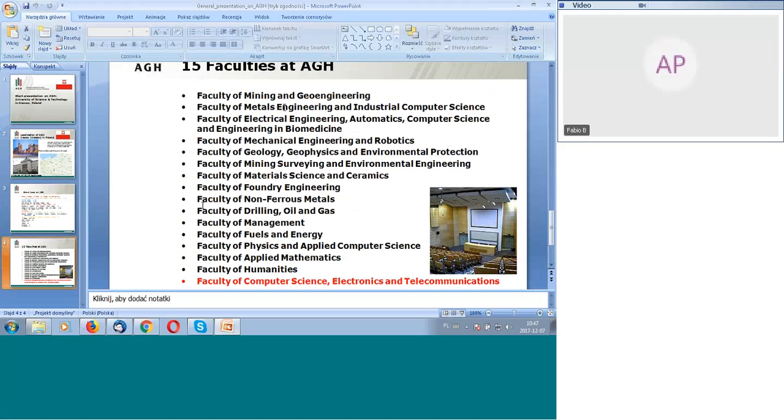There are 15 faculties at AGH. It originally started from the Faculty of Mining and Geoengineering, Metals Engineering, Electrical Engineering, Mechanical Engineering, Geology, Mining Surveying, Materials Science, Foundry Engineering, Non-ferrous Materials, Drilling, Oil and Gas, Management, Fuels and Energy, Physics, Applied Mathematics, Humanities, and also right now these lectures are transmitted to the Faculty of Computer Science, Electronics and Telecommunications. This is the big lecture hall which was dedicated to this lecture.